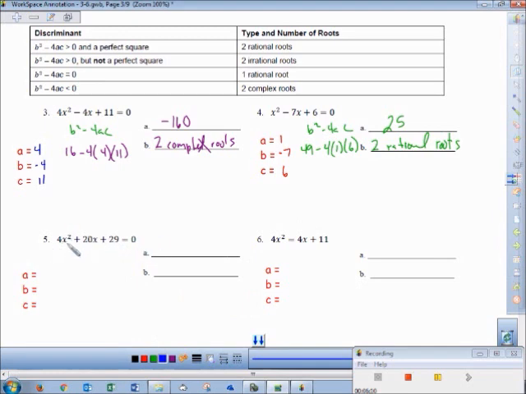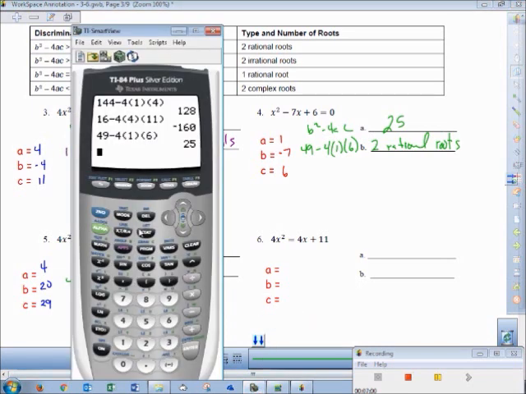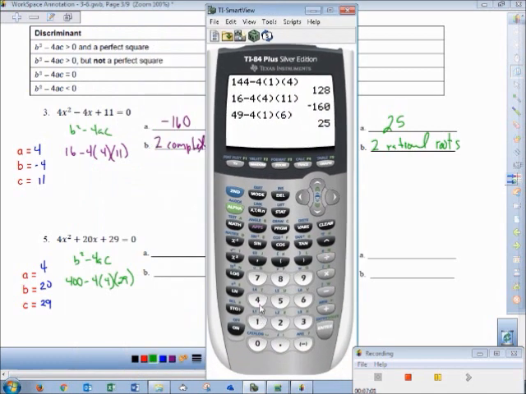This is equal to 0, so it's in standard form. A is 4, B is 20, and C is 29. And let's roll with it. B squared minus 4 times A times C. 400 minus 4 times 4 times 29.